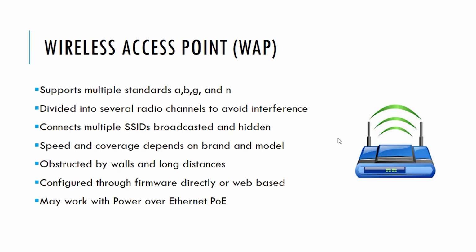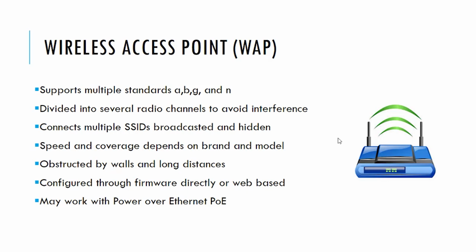So we leave channel 6 in between unused, so as to avoid interference between the communication channels. One access point can hold several SSIDs, either broadcasted or hidden. The speed and coverage of the access point depend on the brand and model of the manufacturer. A good one can cover a bigger area and can have a higher speed.